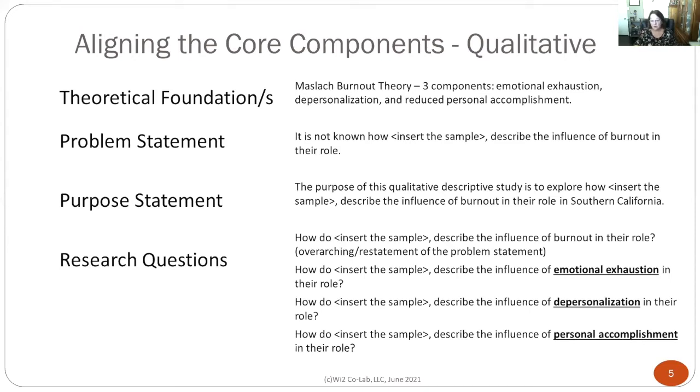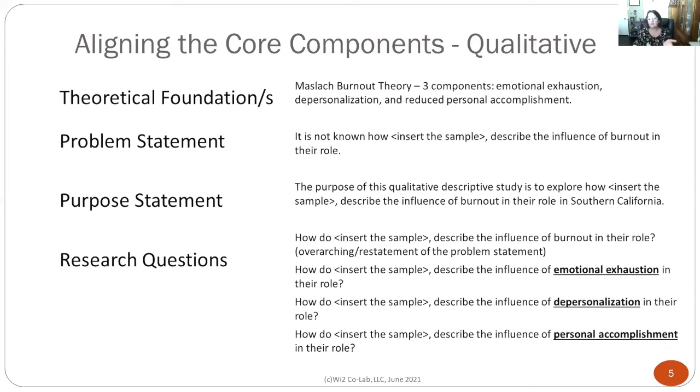Your research questions really come into play in chapter 4. In chapter 4, you're going to have to be writing on how you answered each one of the research questions. It is easier for novice researchers to have more research questions because that section becomes more focused. If you're writing in chapter 4 and you only have 2, there could be 2 here. How do our sample describe the influence of burnout in their role?